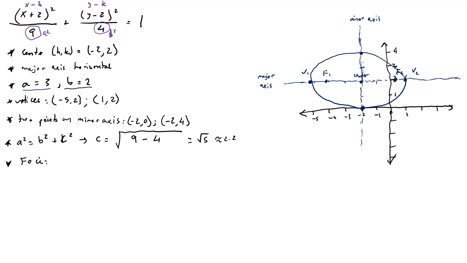So the coordinates for F1. All right, so here's where we have to start with. So I know exactly where the center is. So this here is -2 on the x-axis. That's where that center is. And I know that this distance from the center to the focus is the square root of 5.